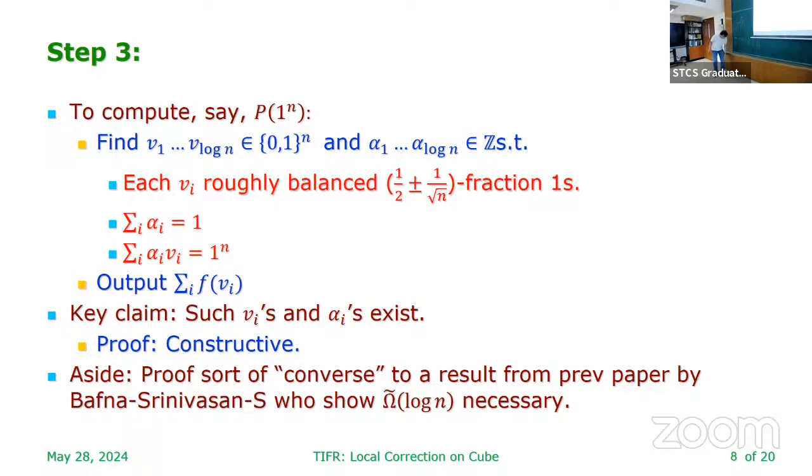Sorry, maybe I missed something. Why is it important that the summation of alpha is 1? The summation of alpha equal to 1 helps. I think I need that for the constant term, because if I'm trying to reconstruct the function at the all ones point, you're writing the evaluation as an affine combination of the evaluations, because the function is affine.